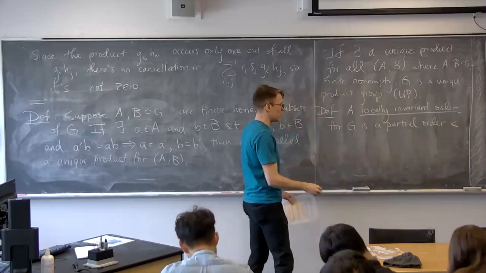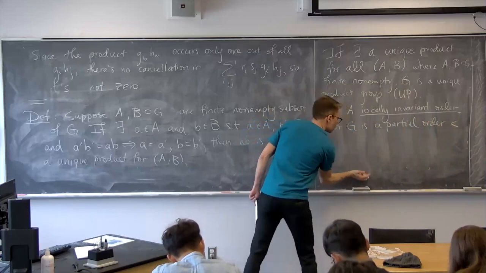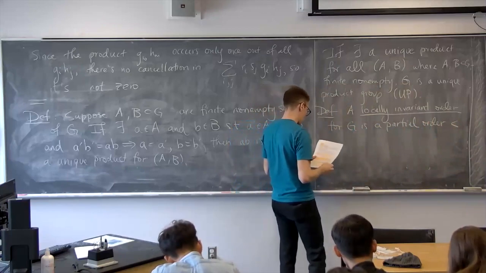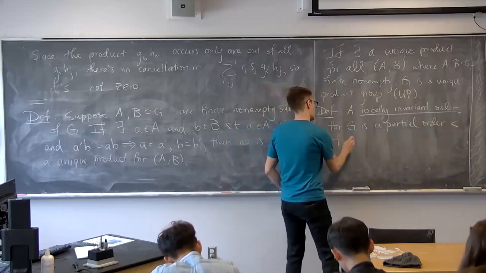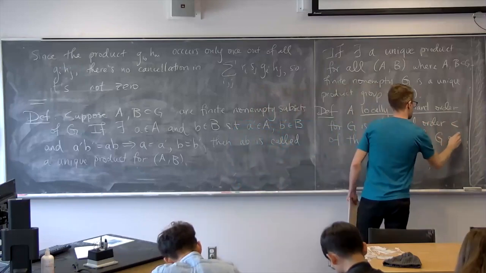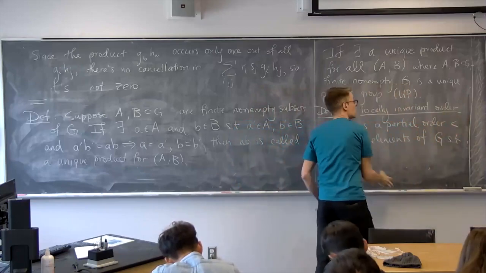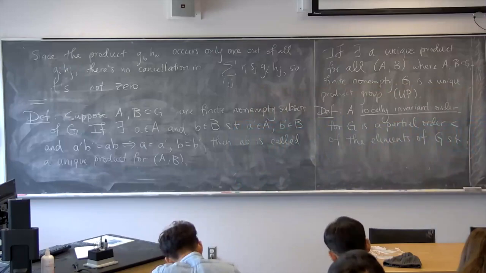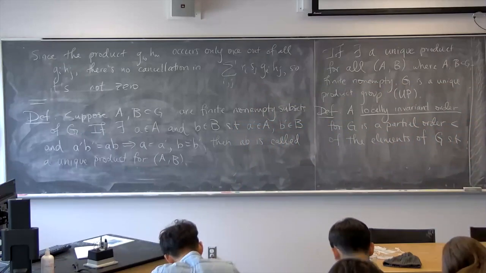So, a transitive, irreflexive relation, a partial order on the elements of G, such that, not left invariant, but something that looks pretty close to it.